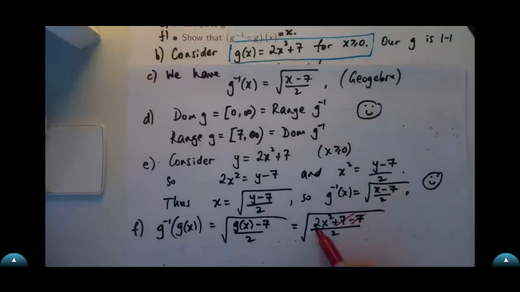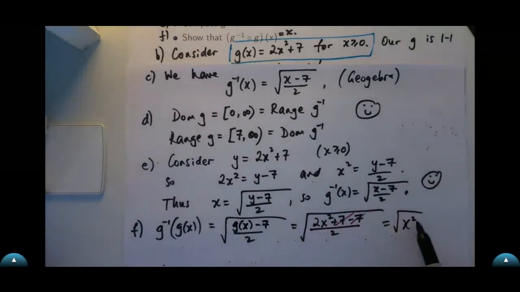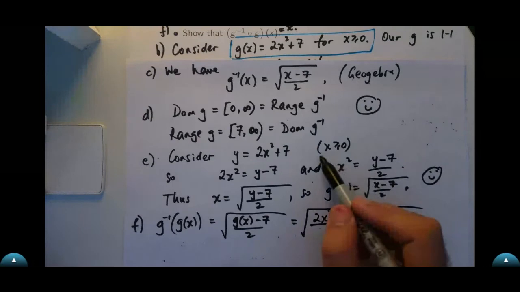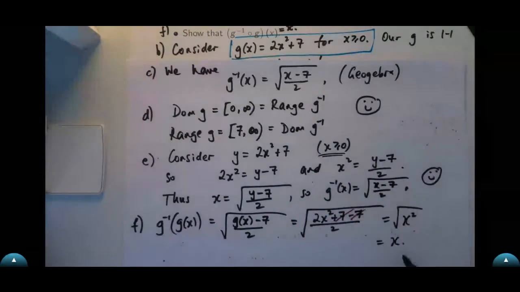Sweet. And then the 2s are going to disappear, and you take the square root of x squared. And again, because we know x is greater than or equal to 0, then you don't need to worry about positive roots or negative square roots or anything like that. Okay.